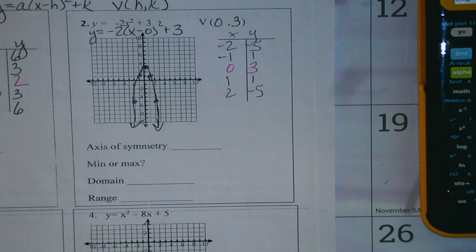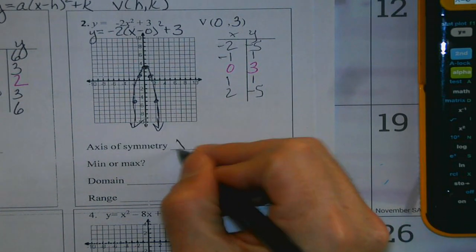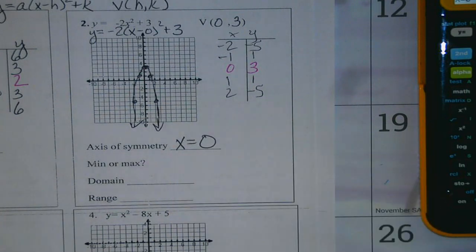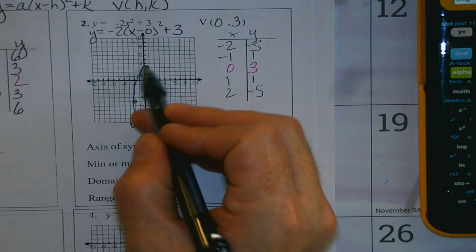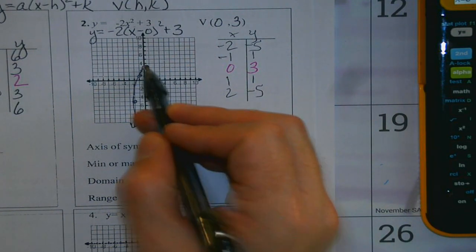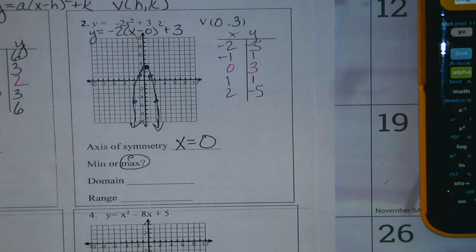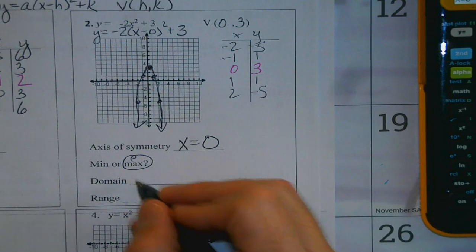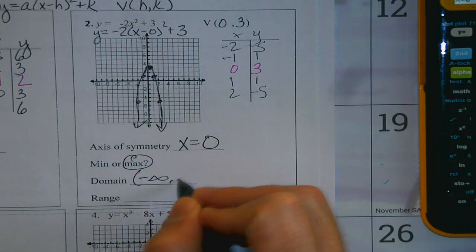We're good there. And now I'm basically just filling in my information from it. My axis is the x value of my vertex. This one opens down, which means my vertex is at the top. It's at the max. Domain's a no-brainer.